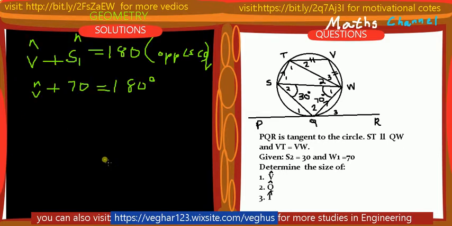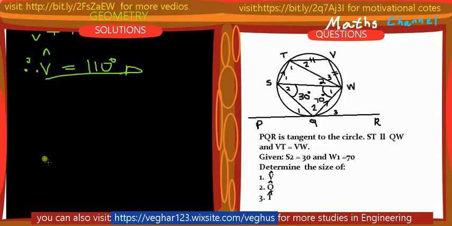So we can solve for V, so subtracting 70 from 180, you'll have 110. So we are done with V.